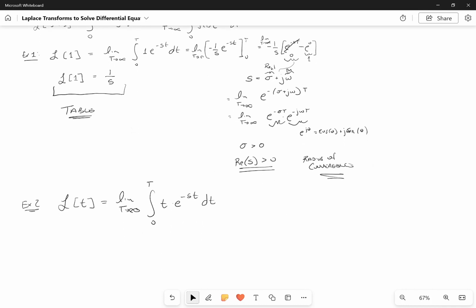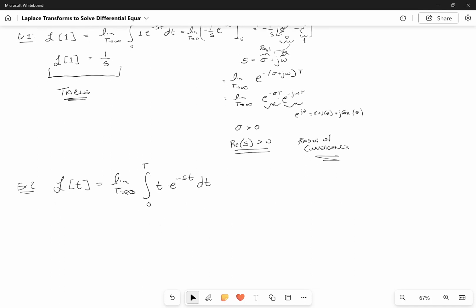Now how do we solve this? Well, in order to solve this integral right here, we have to use integration by parts, which comes from the product rule. The integral of u dv is equal to uv minus the integral of v du. So we need to select t or e to the negative st to be our u.